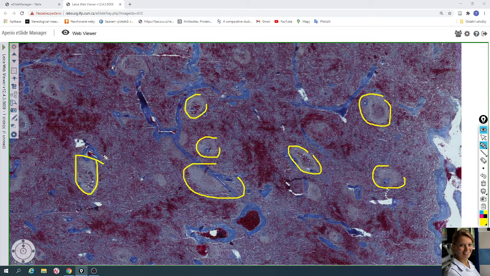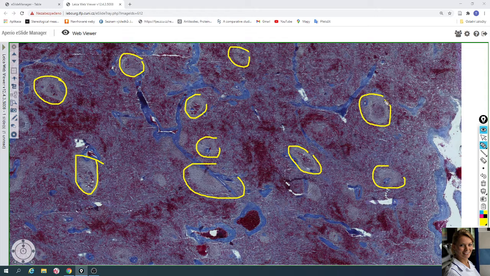For example, here in this staining method, the white pulp is paler than the red pulp. Red pulp is between the lymphatic follicles, between the islands of white pulp of the spleen.